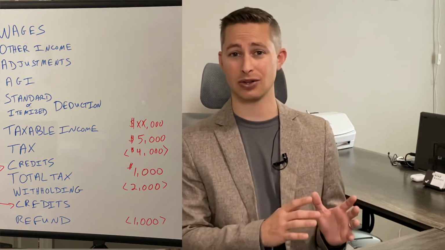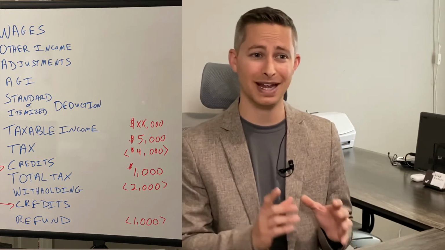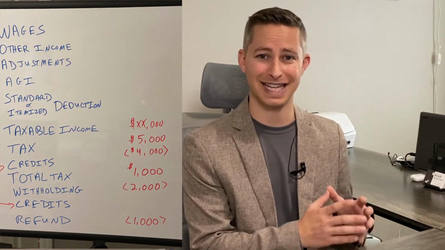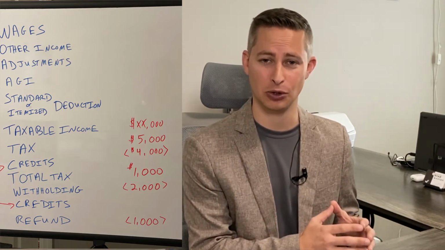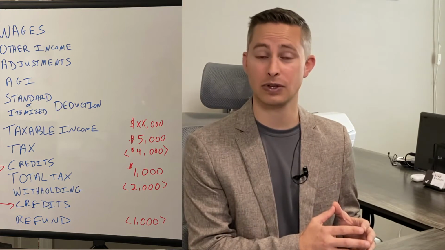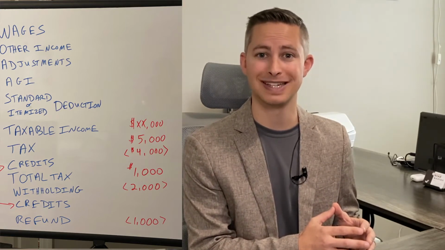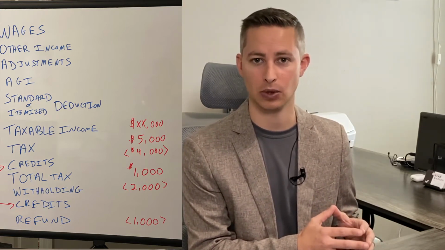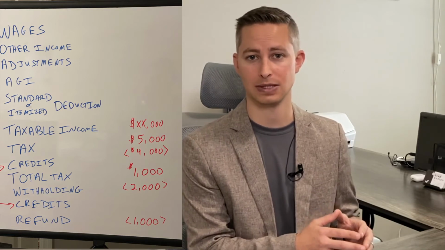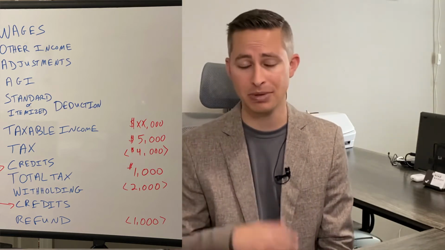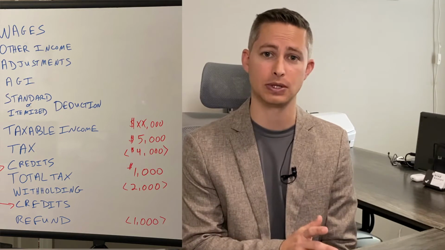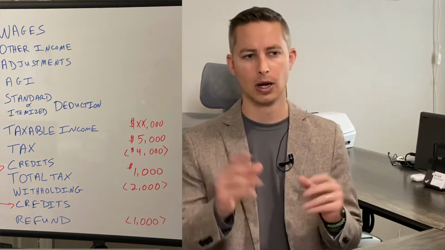Okay? Jump to that other video. Ignore the refund. Pay attention to that line, the actual amount of tax that you owe. Let's figure out if there are things we can actually do to decrease the amount of tax that you owe. And there are, in different situations. It's not what this video is about, but that's the number you want to try to reduce as much as legally possible.